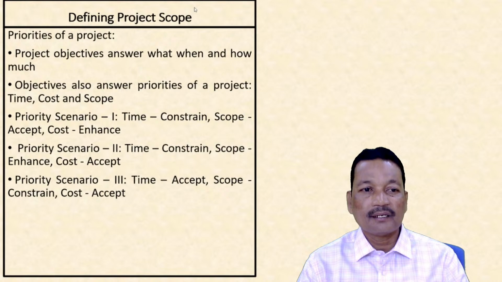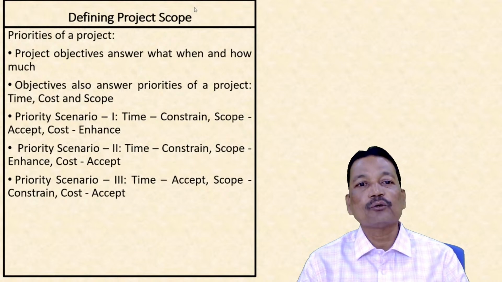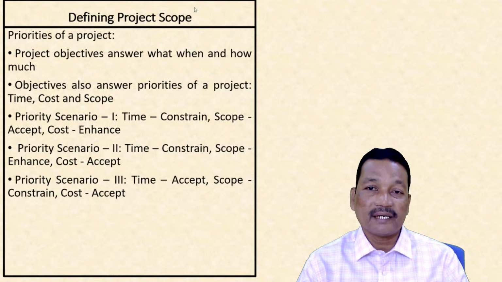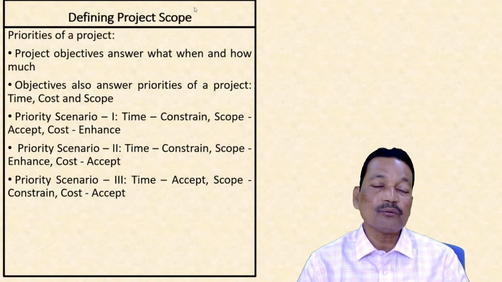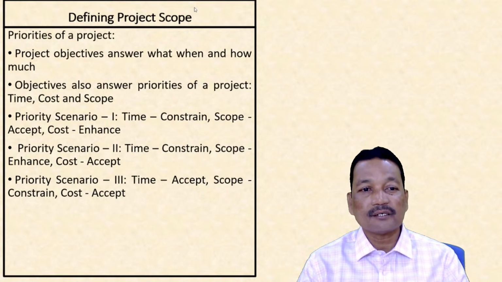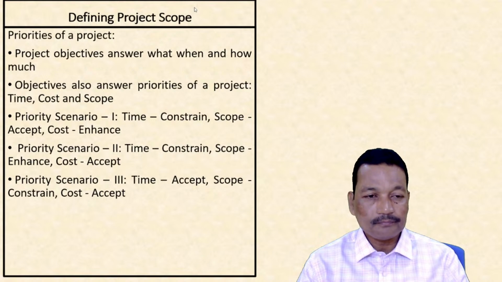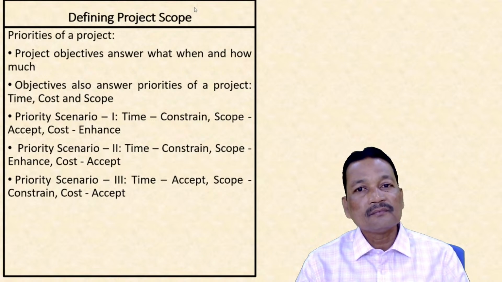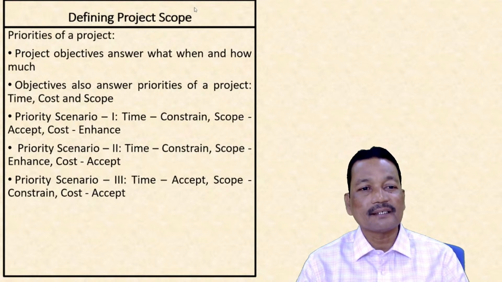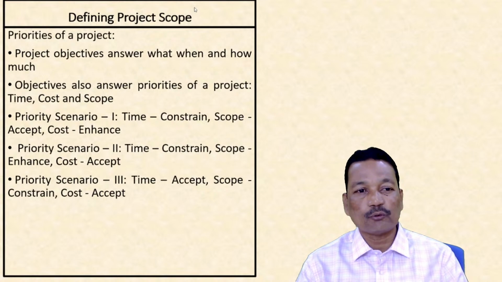Time is when, cost is how much, and scope is what the project is going to help, whom it is going to help. All these things will be answered under scope. Now, we can have three different scenarios of this priority for a project while defining project scope.